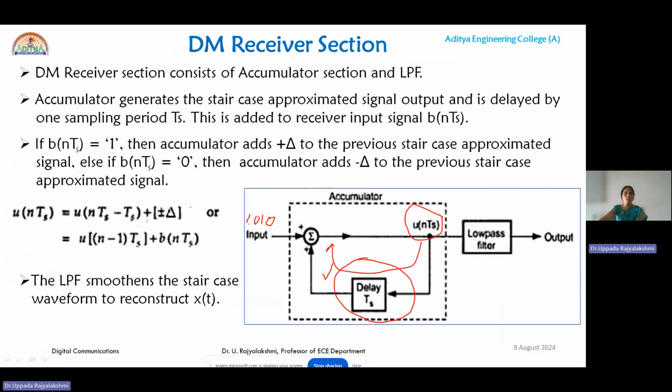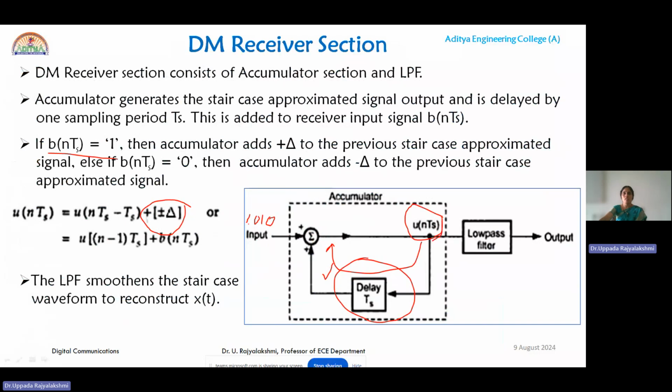The addition or subtraction depends on the upcoming bit. If the upcoming bit b(nTs) is 1, then the accumulator directly adds plus delta to u((n-1)Ts). Otherwise, it will subtract delta from u((n-1)Ts).